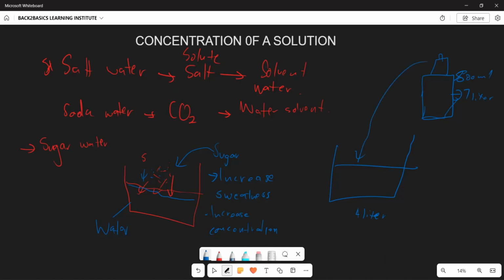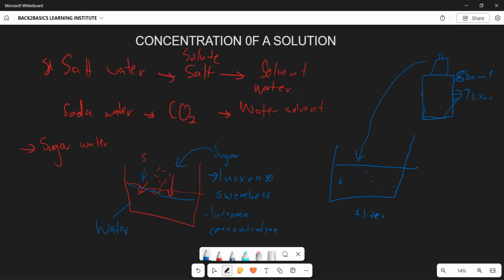What will happen? The concentration of the water in here is going to increase the more you pour this particular Oros into this jar. The more it does so, the more you are increasing the concentration of the water.